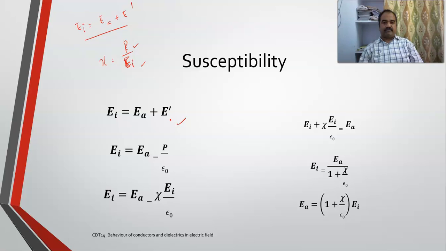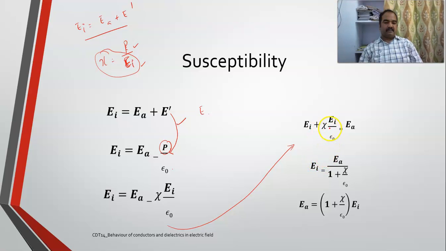Now E dash is already equal to minus P by epsilon naught, and what I am doing now is applying this susceptibility into EI. So I'll bring this to one side. I'll take EI as common, and what I'll be getting is EI into 1 plus psi by epsilon naught.